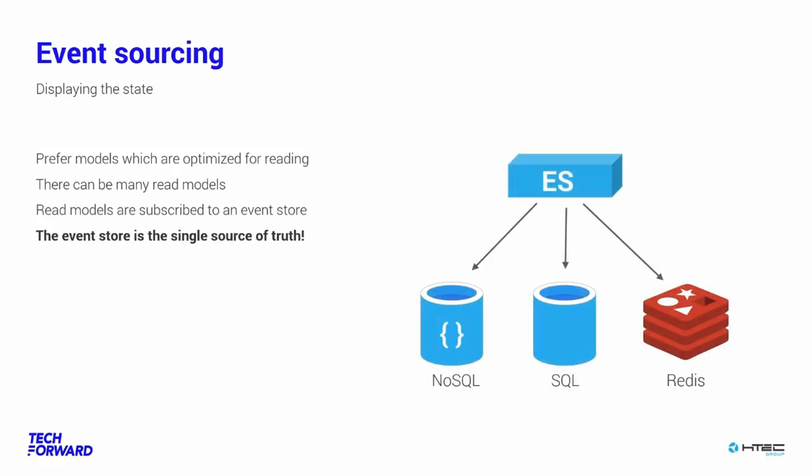And in these, I keep my read models. They're all of different forms, and they're all subscribed to the event store and pull data from it. And I can freely and dynamically add, change, or even remove read models, but the event store acts as a single source of truth in this situation. So these read models are just subscribed to the event store.